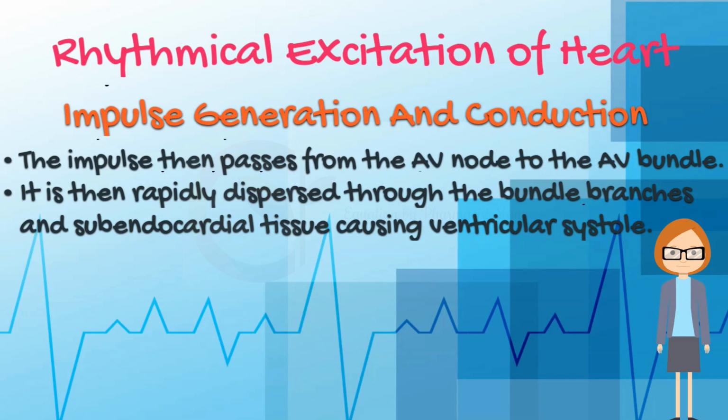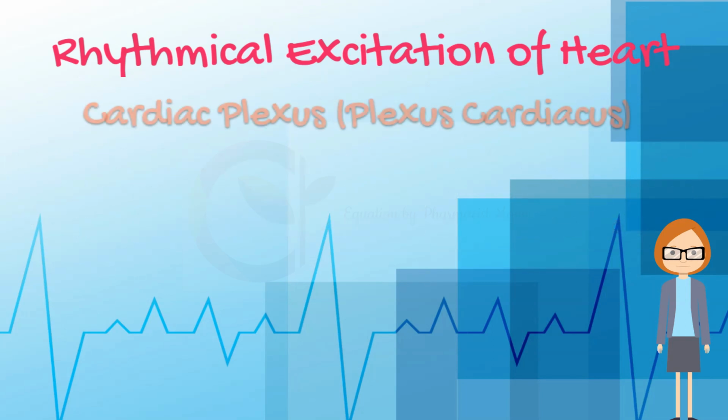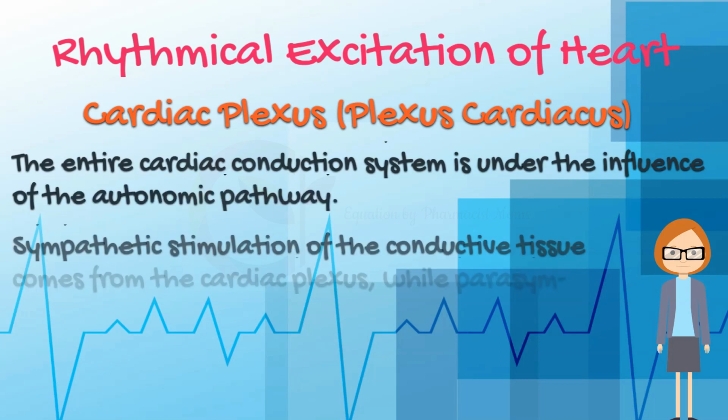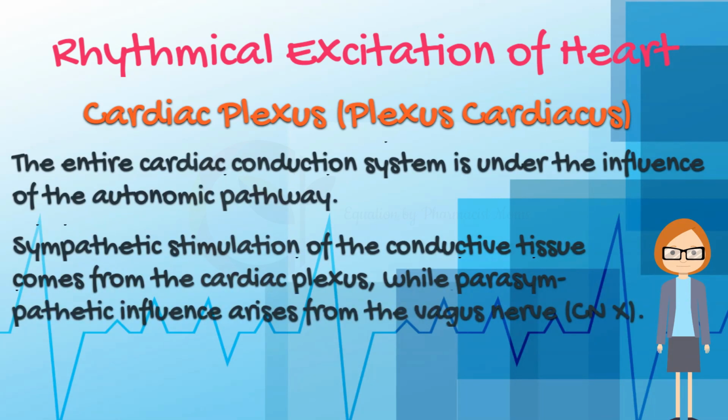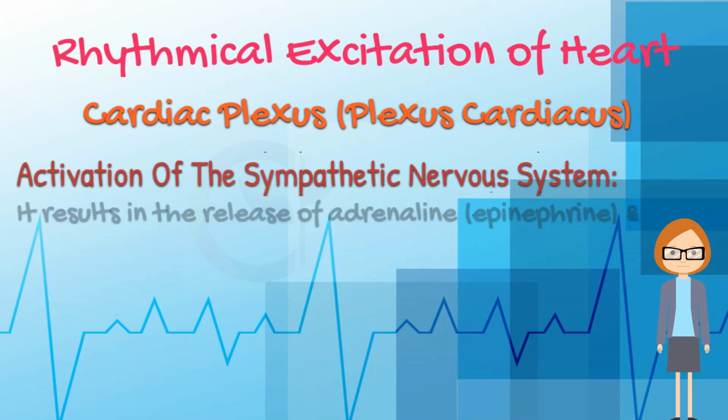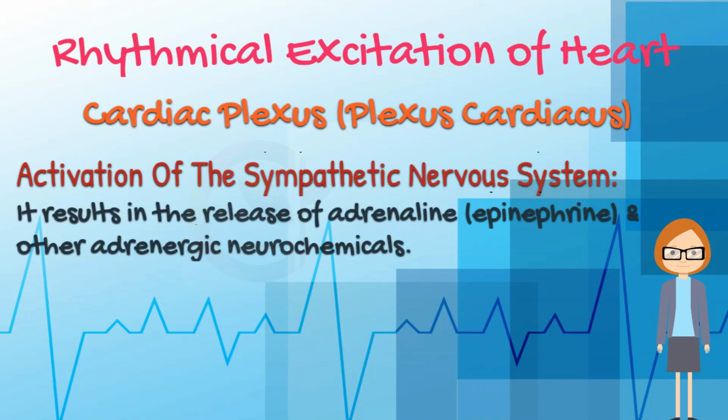What is the cardiac plexus? The entire cardiac conduction system is under the influence of the autonomic pathway. Sympathetic stimulation of the conductive tissue comes from the cardiac plexus, while parasympathetic influence arises from the vagus nerve. Activation of the sympathetic nervous system results in the release of adrenaline, or epinephrine, and other adrenergic neurochemicals.